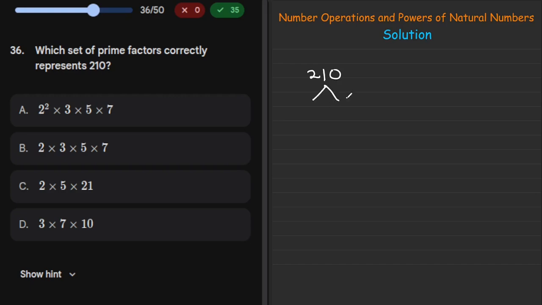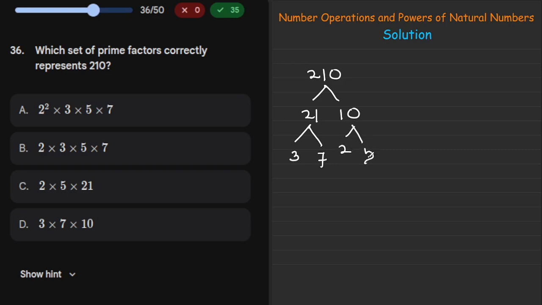So all they are trying to let us do is to rewrite this as a product of prime factors. 210 gives us 21 times 10. Whereas our 21 is 3 times 7, and our 10 is 2 times 5. And we want to focus only on the prime numbers.